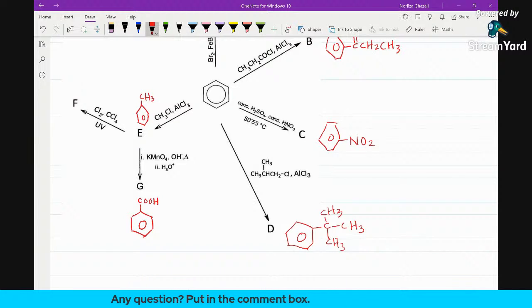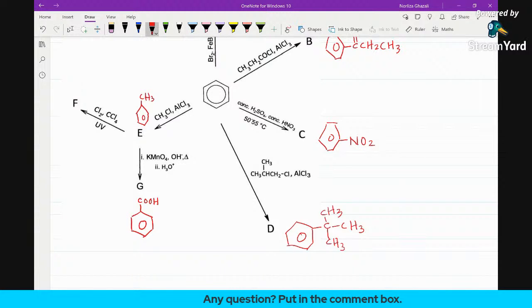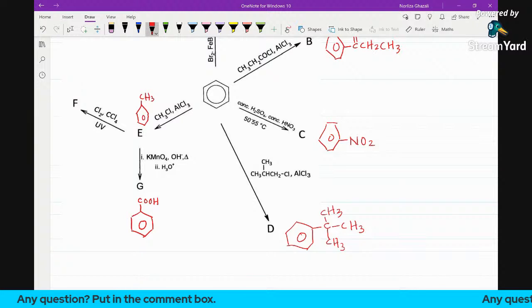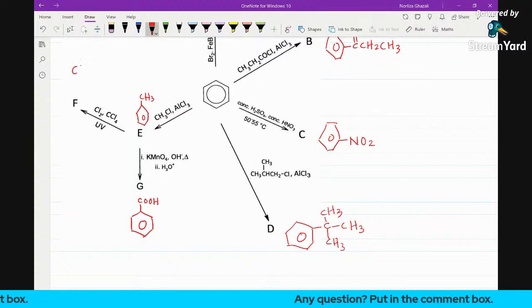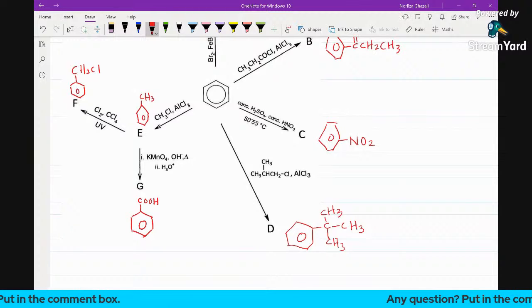And for F, from E to F, we use chlorine in tetrachloromethane or chloroform, under UV, so we replace hydrogen from methyl, CH3 changes to CH2Cl, and we have chloromethyl benzene.